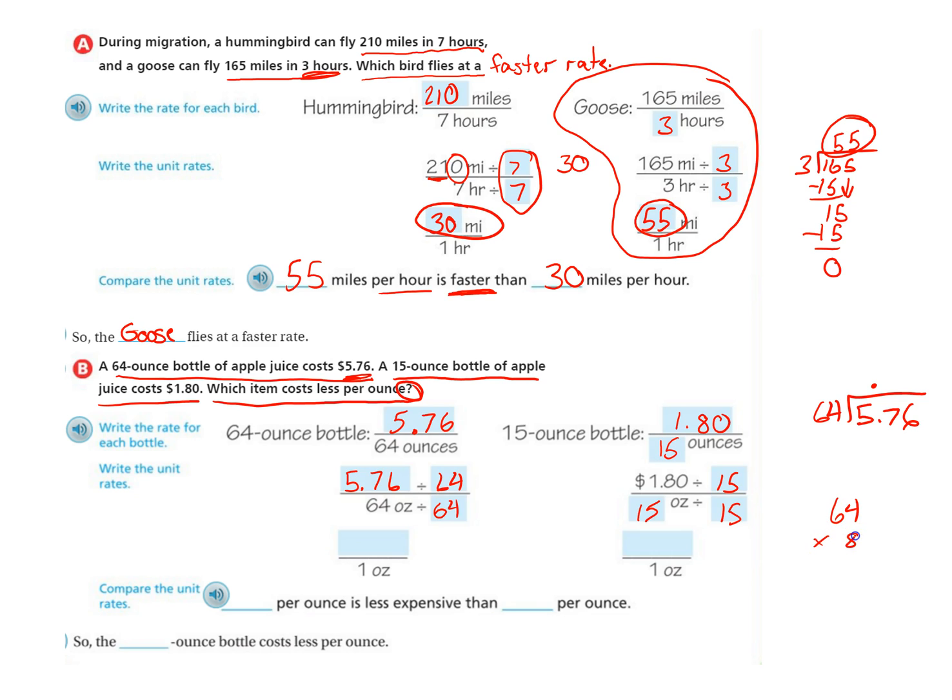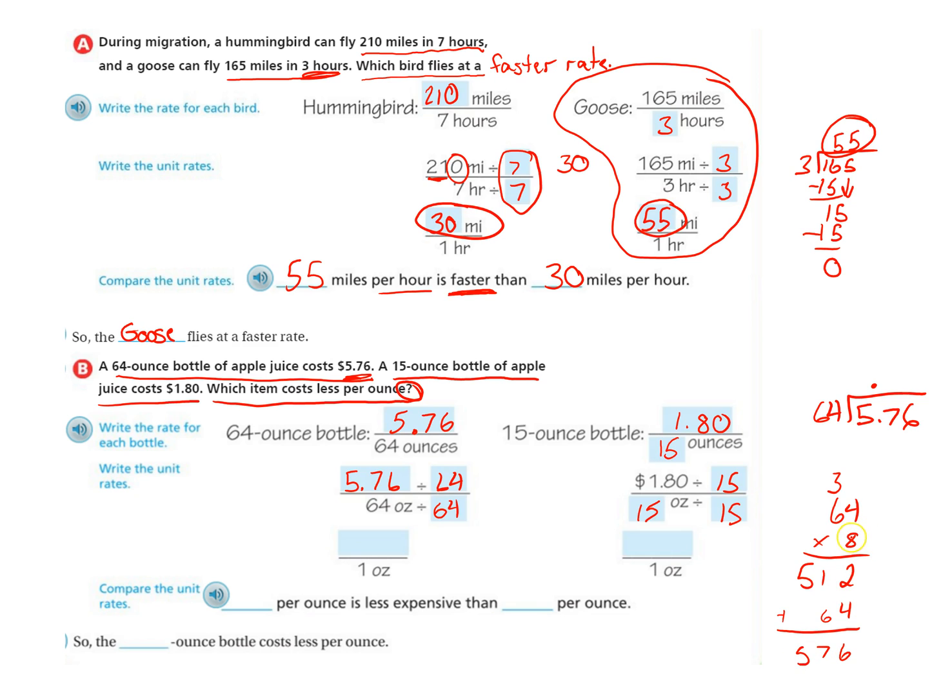So 64 times 8 and see if I get a number less than 576. So 8 times 4 is 32. 8 times 6 is 48, 49, 50, 51. And let's see, if I added another 64, would I go over this number? 6, 7, I'd be right on.